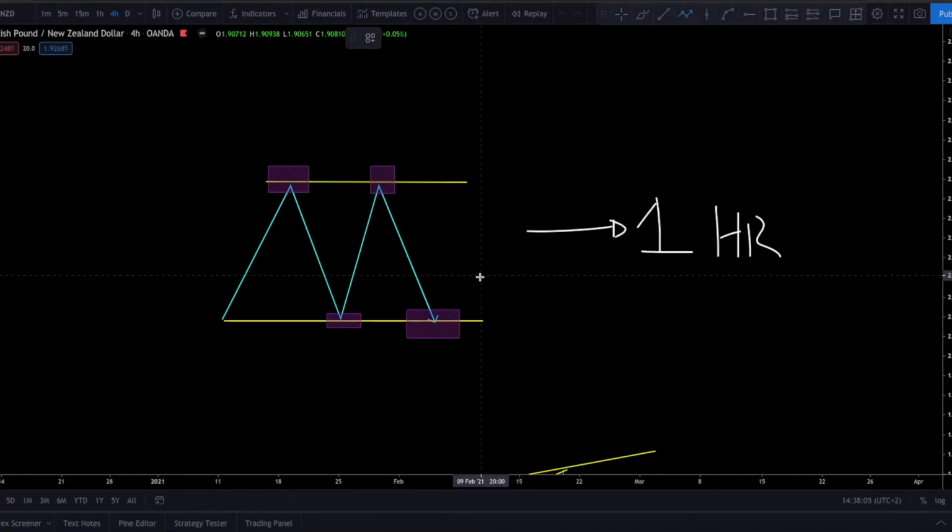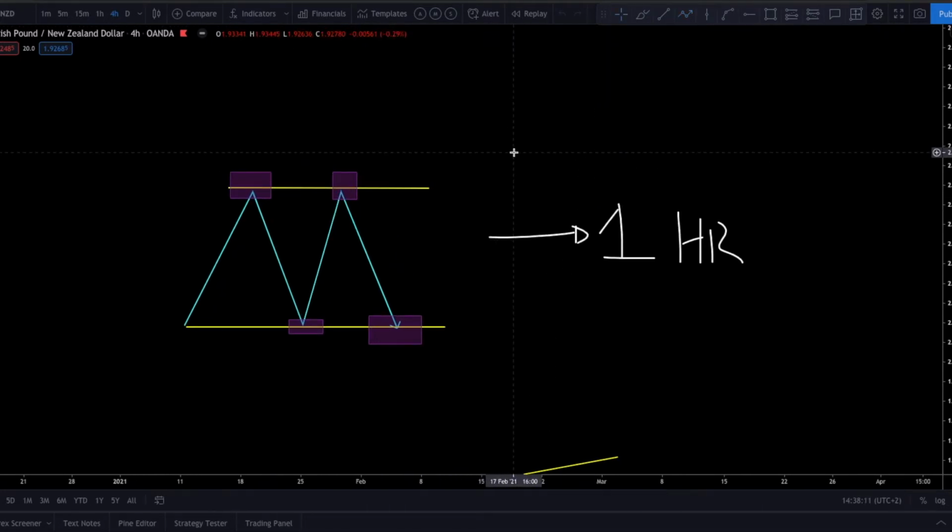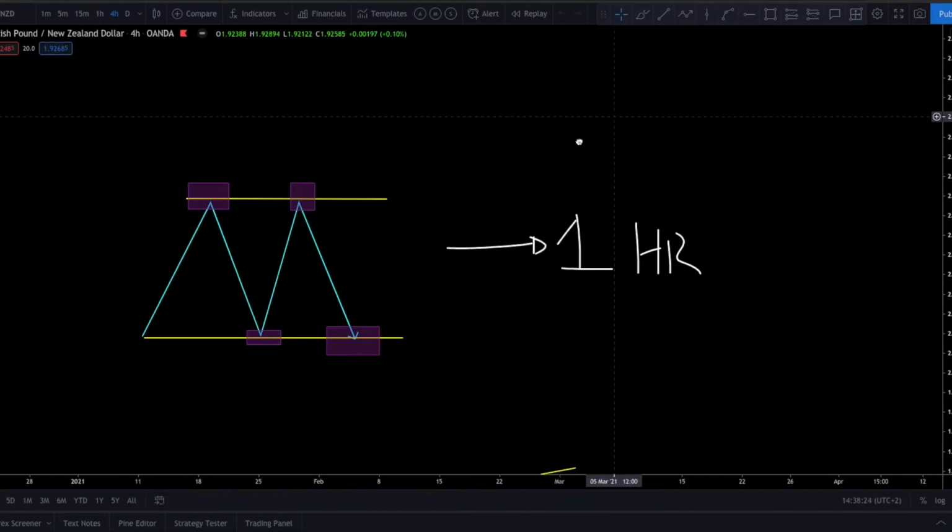So what you're going to do is drop down to a lower time frame to be able to catch the move quickly. Because if you are waiting on the 1 hour, you might have to wait for the 1 hour impulsive move, and then wait for a correction. That might take up to like 5 hours of waiting, right?